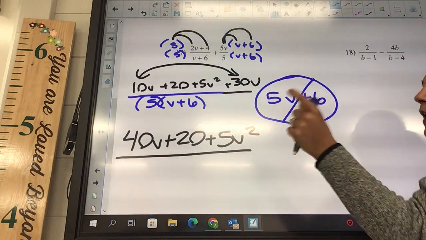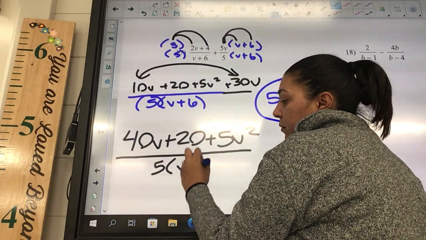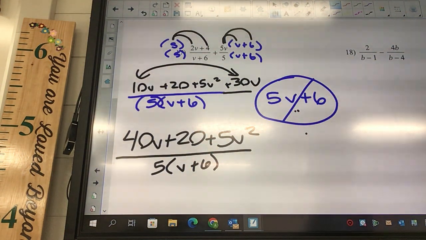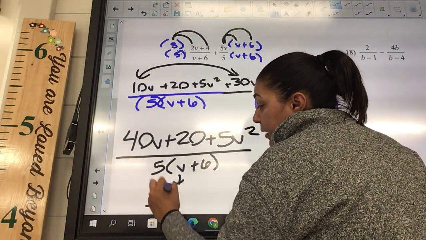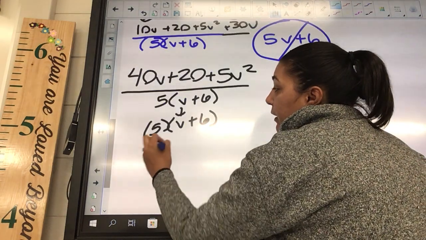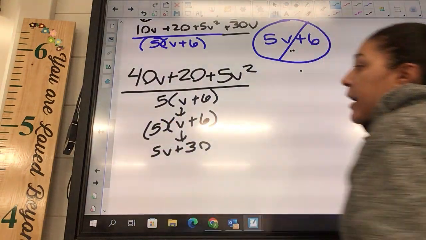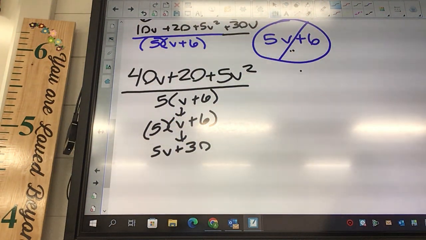Okay, you can either do 5 parentheses b plus 6, which is the most proper way, or you could say like this. This is another option. You could say 5 times b plus 6, or you could say 5b plus 30 is an equivalent statement to this. Any of those three work, but not that one. Okay, that one is not allowed.